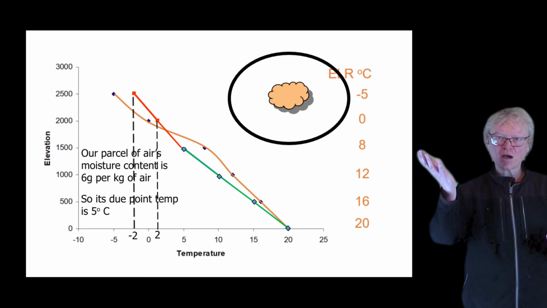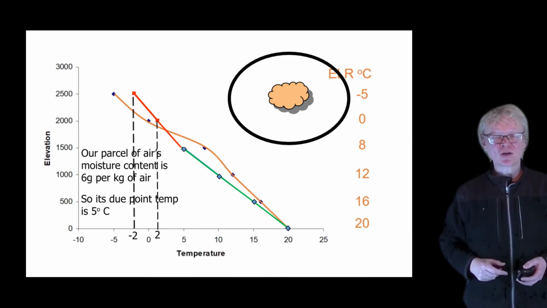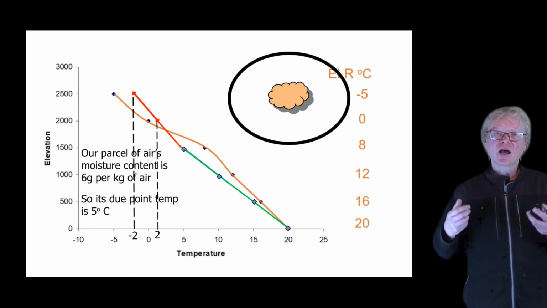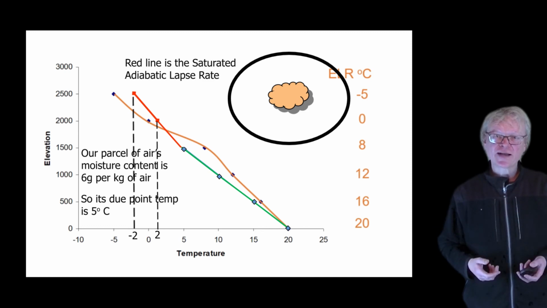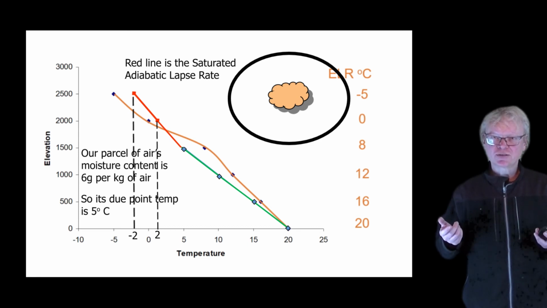So we're still forcing it to rise, still going over that mountain, but it doesn't cool any longer at the dry adiabatic lapse rate. We say it's cooling via the saturated adiabatic lapse rate, and it will differ.